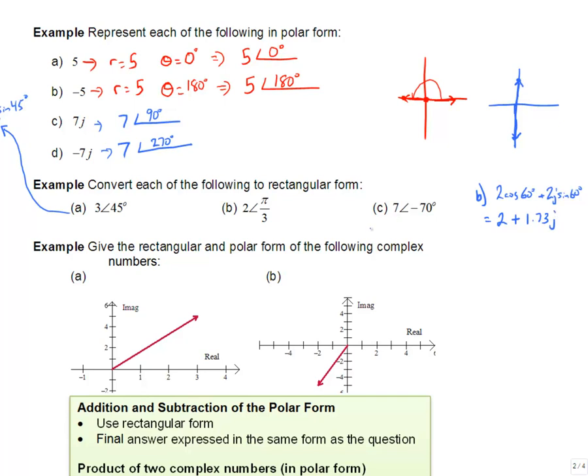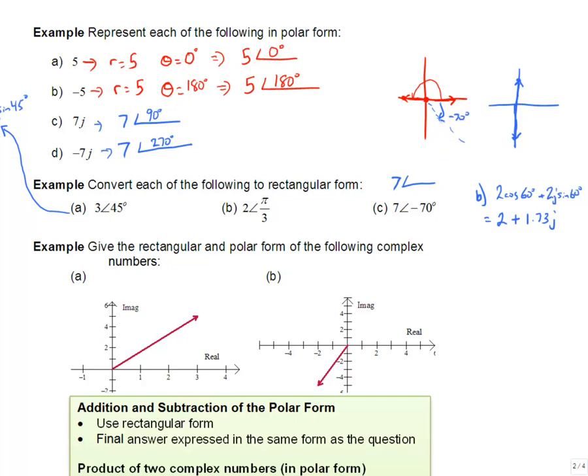And finally for c, we do the same thing, 7 cosine, and we can actually leave negative 70, or we can change it to its positive equivalent. If you're not sure how to change it to the positive, well, negative 70 would be, if we look at our diagram up here, right here in quadrant 4.